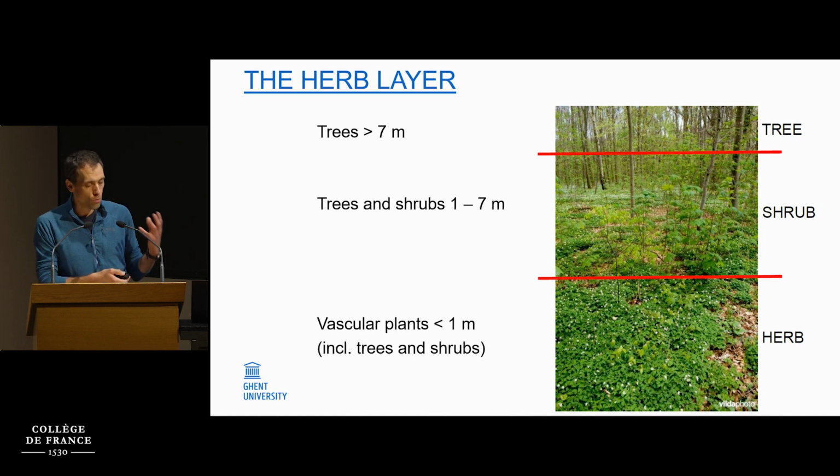When doing vegetation surveys in forests, we usually do a separate survey for the herb layer, which are all vascular plants, including seedlings and saplings of trees and shrubs, smaller than 1 meter. Then we do a separate survey in the shrub layer between 1 and 7 meters, and then plants that are taller than 7 meters are done in a third survey above 7 meters.